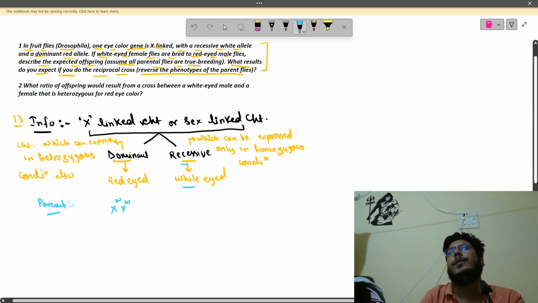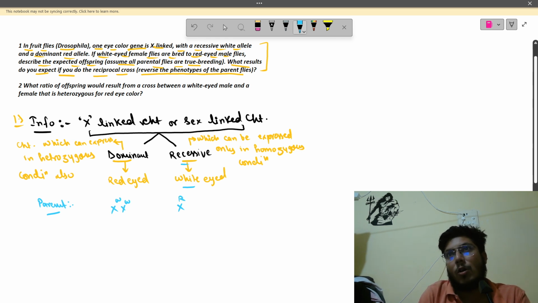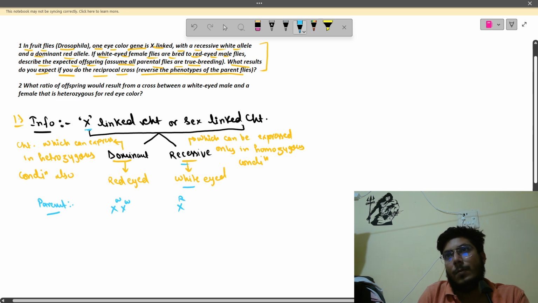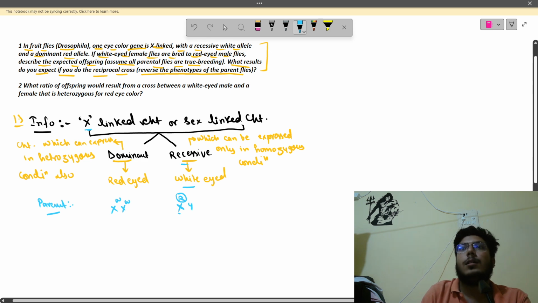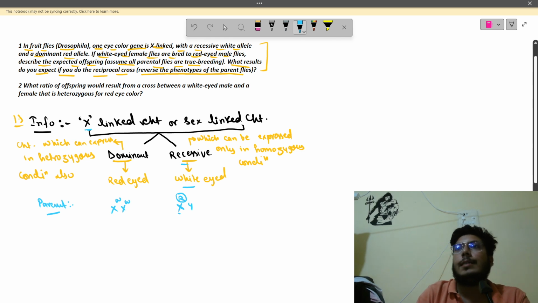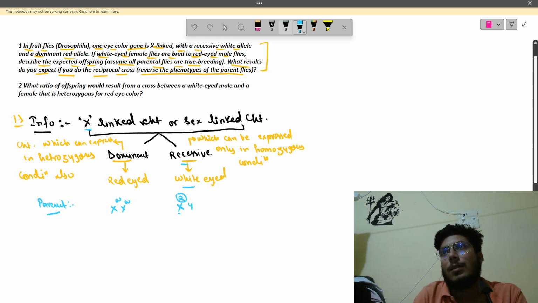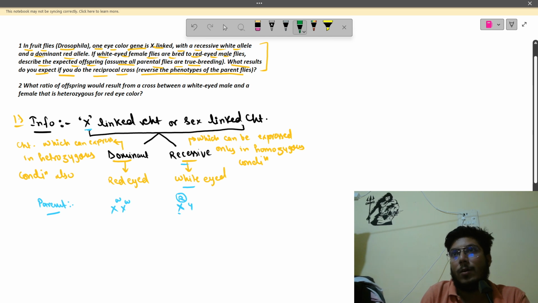And the red-eyed male: since we are talking about a sex-linked character, the R allele will be present on the X chromosome of the male. Now, if we do the cross, what genotypes will we get?